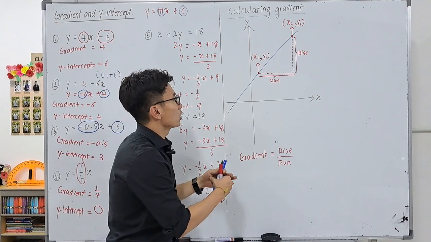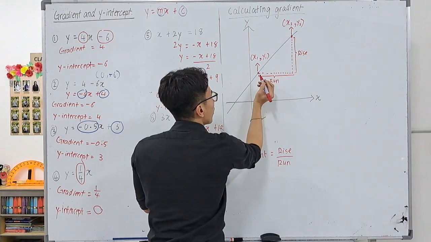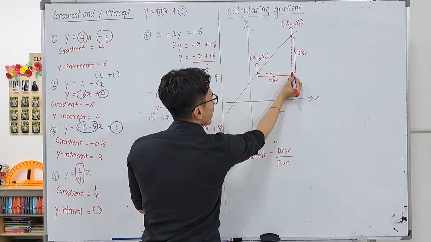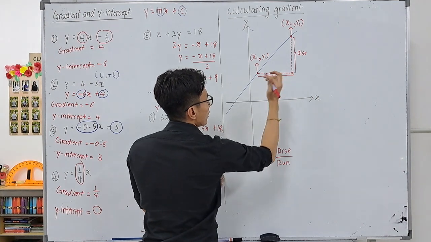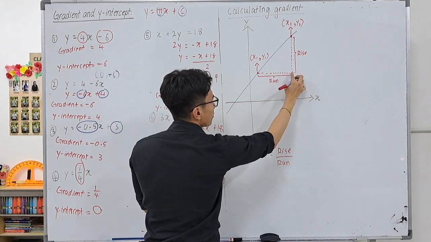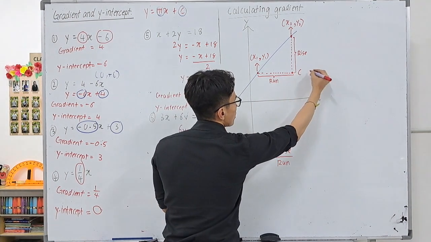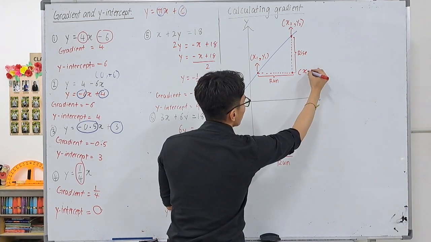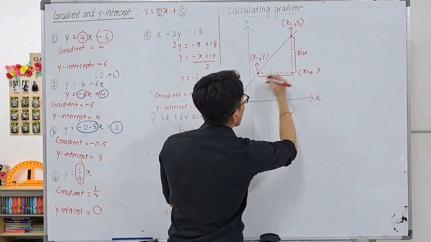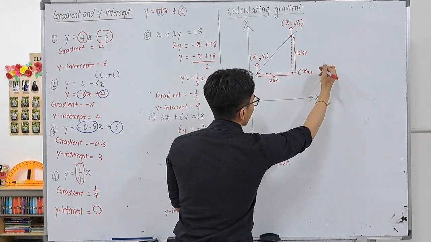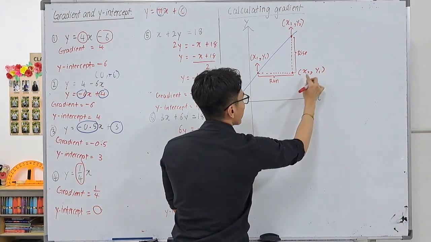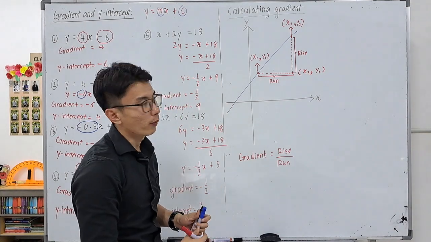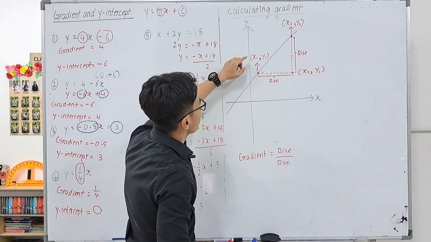So if I plot the points over here, for example's sake, this point is going to be x2, y1.